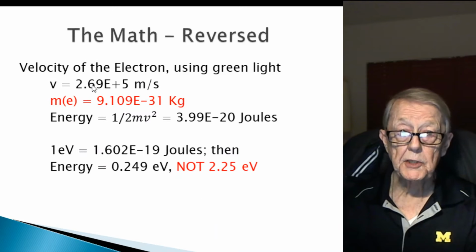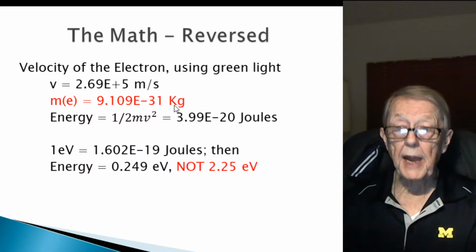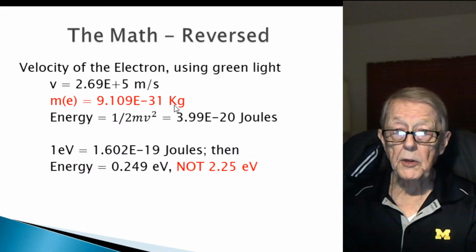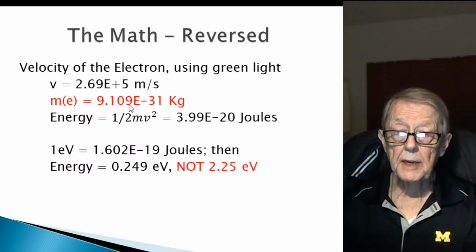On the other hand, I reverse the math and I get the same problem. In this case, I start with the velocity of the electron. I know what the mass of the electron is in kilograms. Of course, my opinion is that in the particle model you can't state the mass of the electron in kilograms, but nonetheless, that's what they do, and you can calculate that.